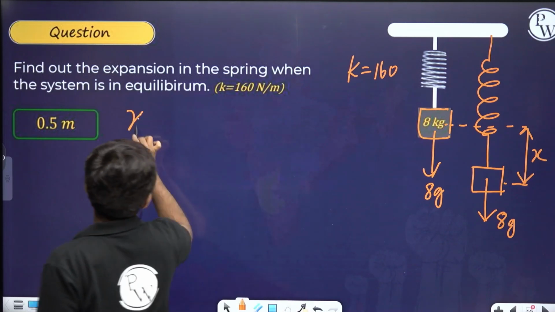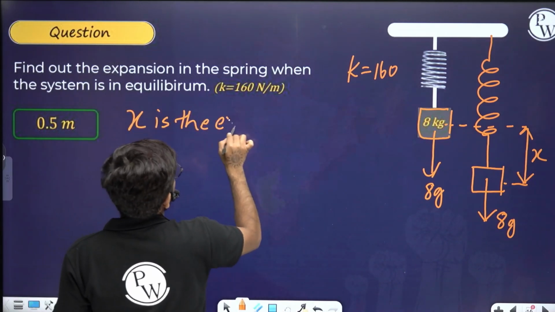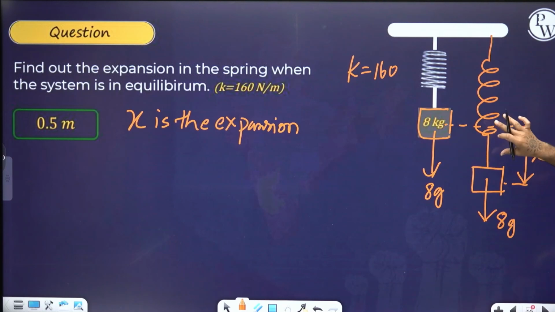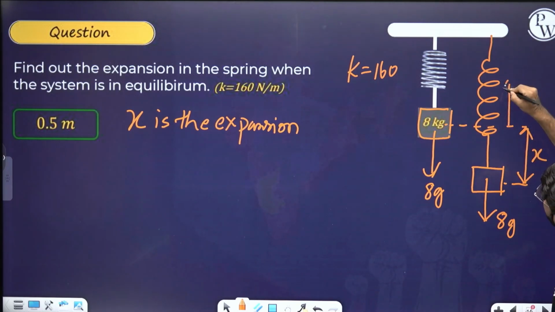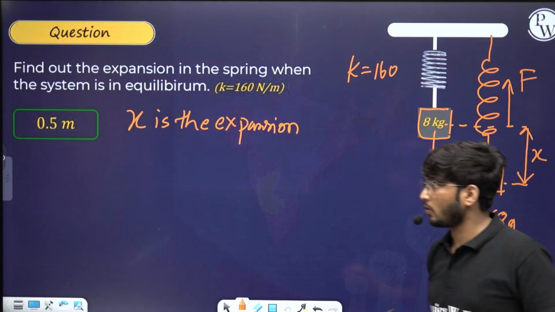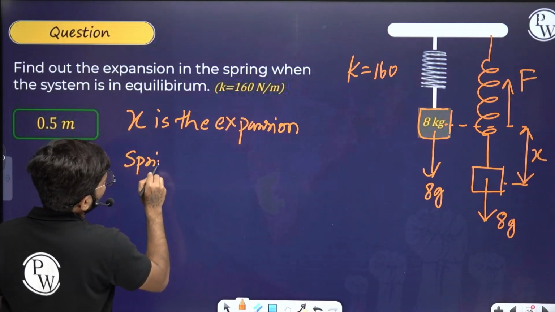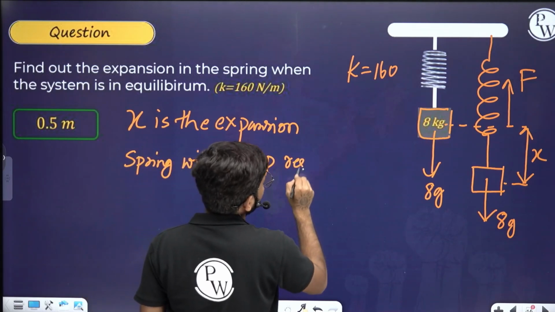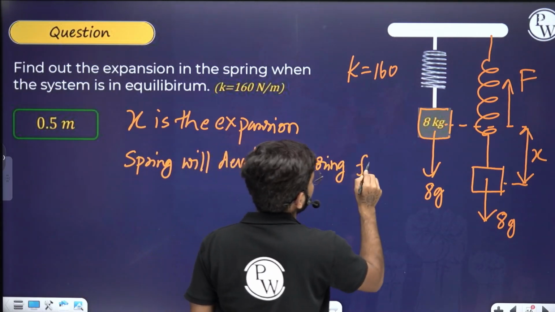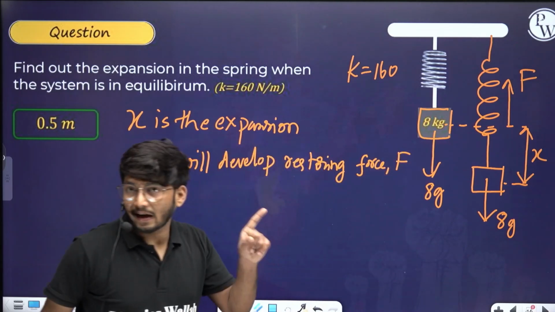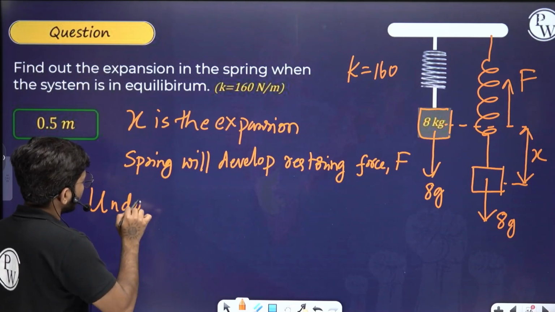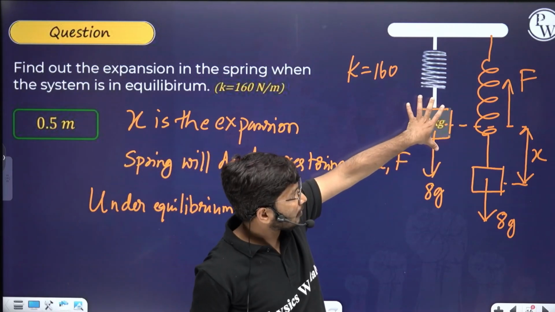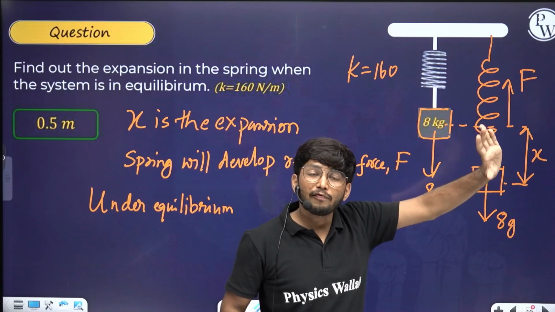X is the expansion. Whenever there is this much expansion, inside the spring there will be a restoring force F. So the spring will develop restoring force F. But under equilibrium, if you draw the free body diagram, all the forces will balance, right?